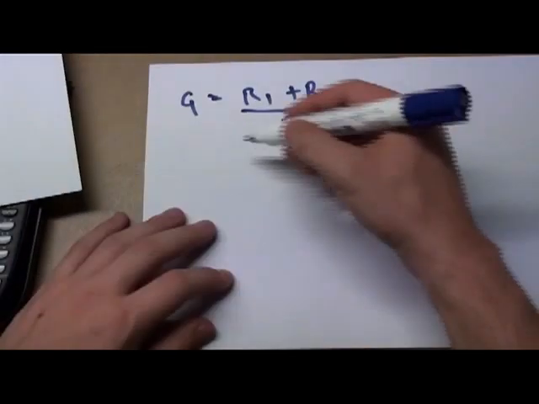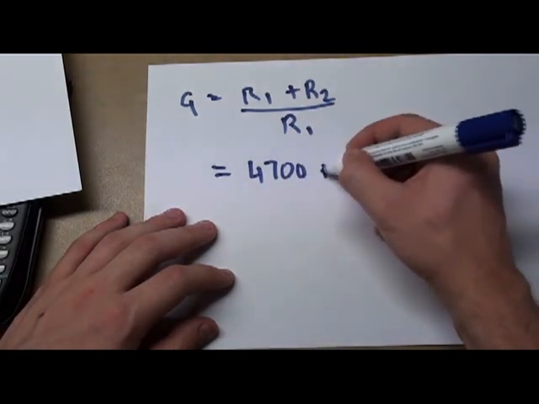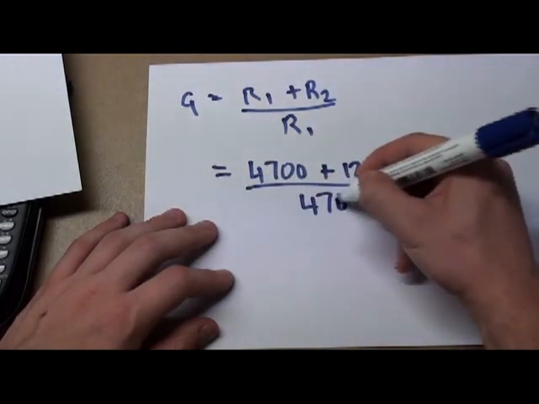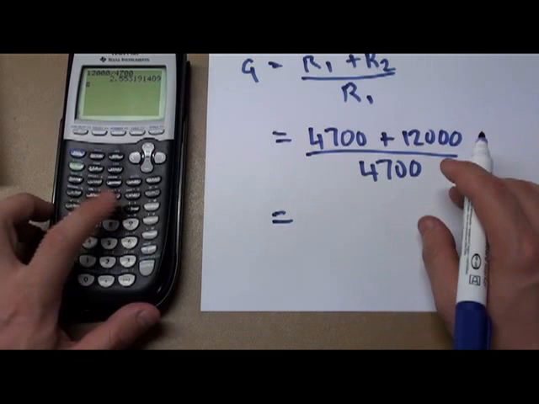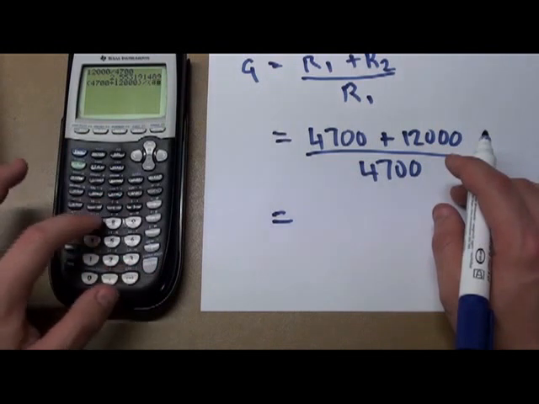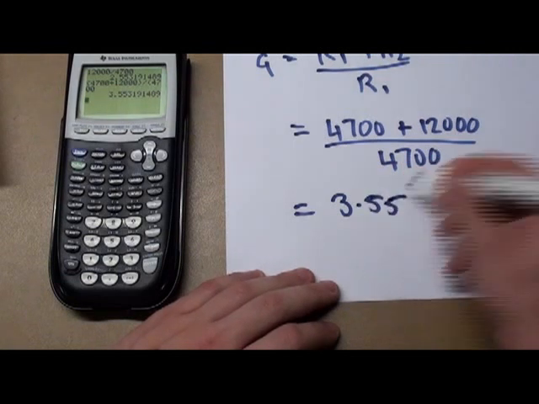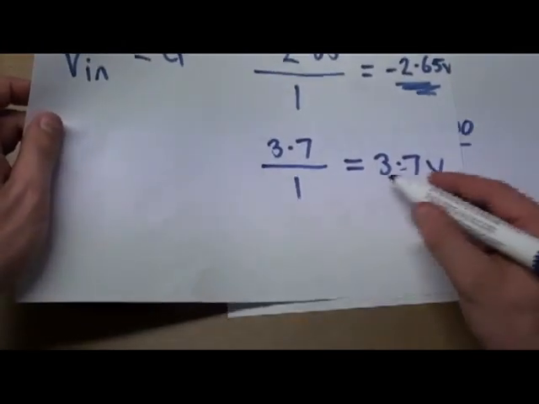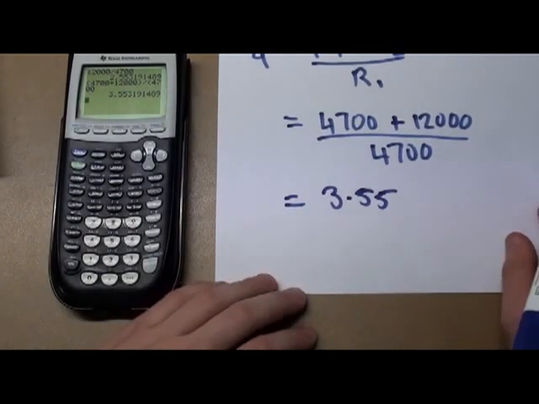So if we have 4700 plus 12,700, that will give us a gain value of, back to the calculator, 3.55 times, which is about the same as 3.7. So now the thing we need to talk about is, well, why weren't they the same?